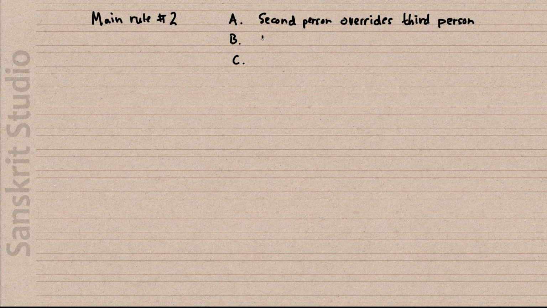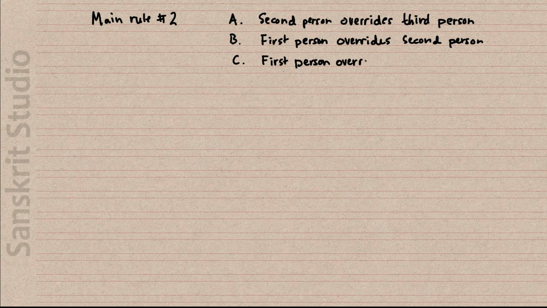And then first person, I'll soon give you examples of this. And then as a consequence of A and B, we can say that first person overrides also third person.